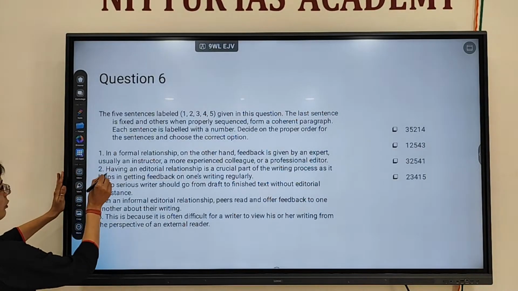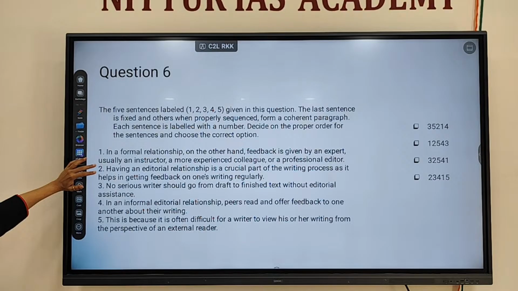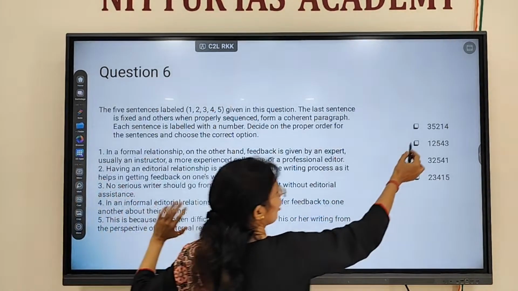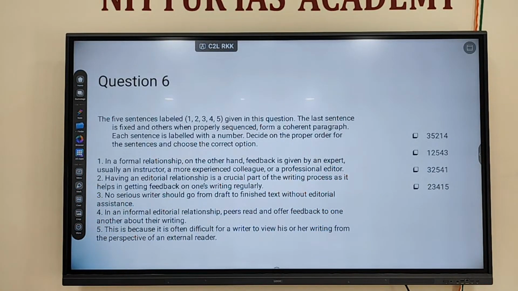Okay, so first, this could be the introductory statement according to Pooja. Any other? No, introductory statement I'm saying. The first statement. According to Pooja, the introductory statement is true. Anybody in disagreement with 2 being the introductory statement? We all agree? 2 can be the introductory statement. 3?